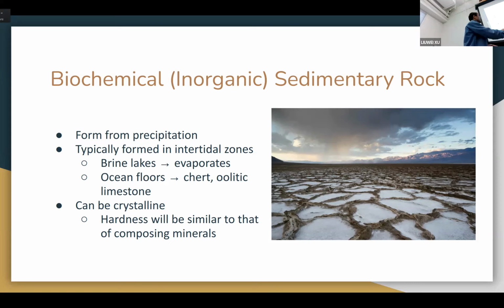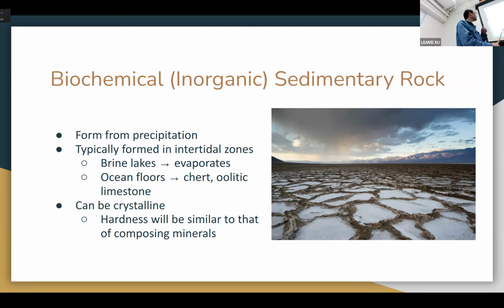So at these intertidal zones, we have some water left. When it is exposed to the sunlight, the water part will evaporate, and we have the solid part left. It's precipitated, and then this solid part forms the biochemical sedimentary rock.